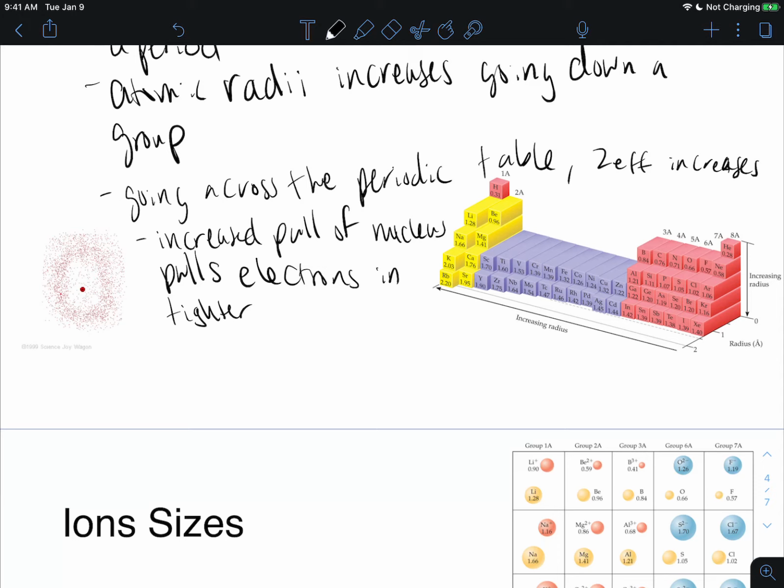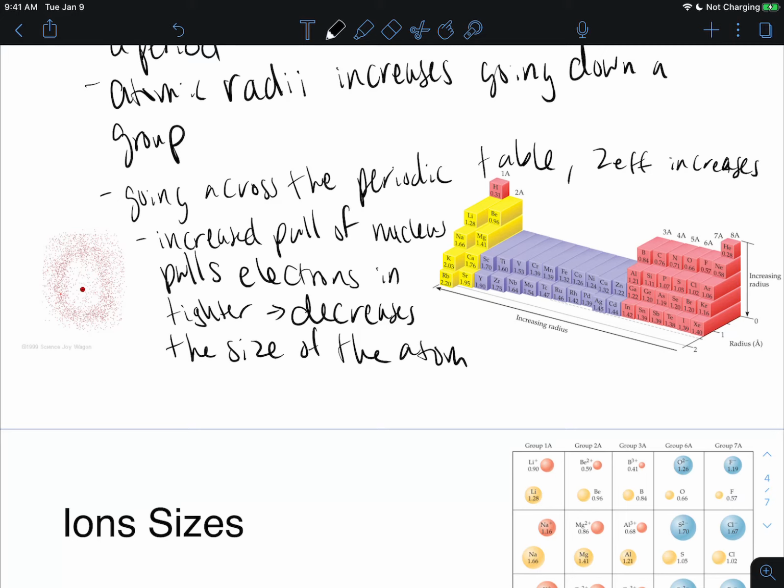And as it pulls electrons in tighter, it's going to decrease the size of the atom. Hence, the size of the atom gets smaller.